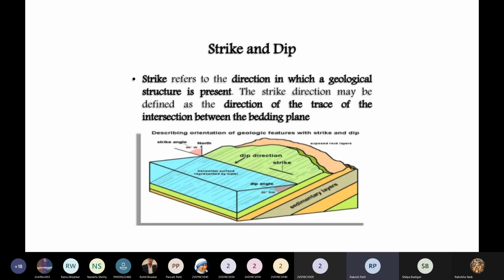Yes, here you can see the dip and strike. Is it clear? The measurement of dip and strike I will tell you in the next class. There are some problems that we will be solving then.